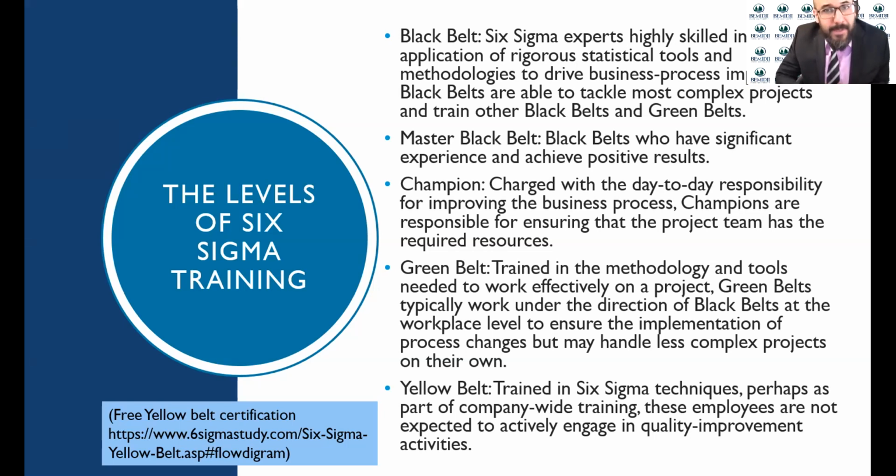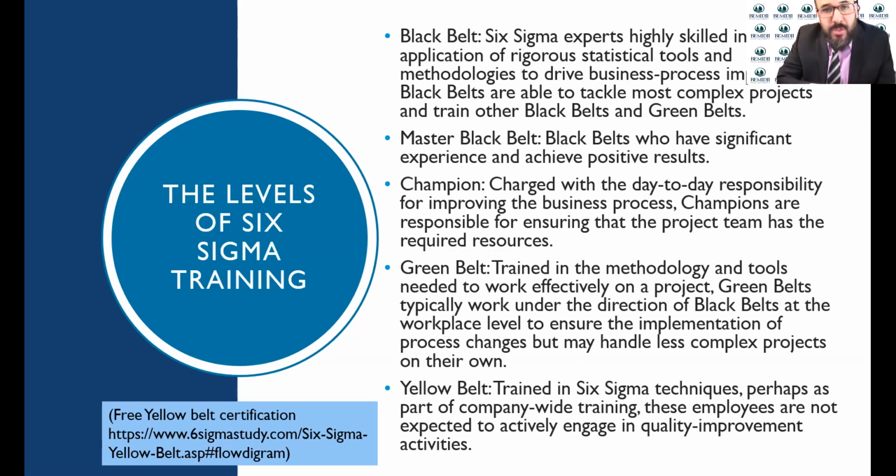And one of the responsibilities of black belts is usually to train green belts and other black belts as well. Once they gain knowledge and experience in the field, they will move on to the next level, which is master black belt. This is the highest level in Six Sigma.